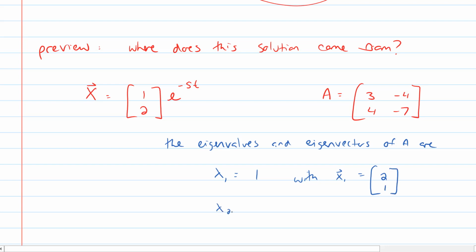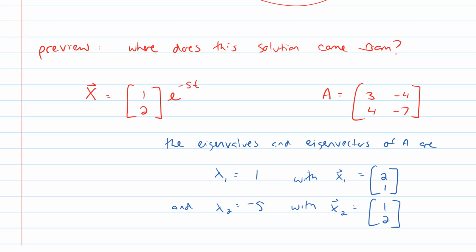And lambda 2 is equal to negative 5 with x2 equal to 1, 2. And I think that you can easily see that our eigenvalue is the coefficient on t in our exponent, and the eigenvector, 1, 2, is what we're multiplying out front.